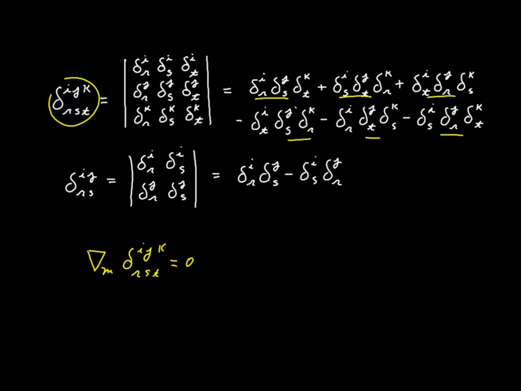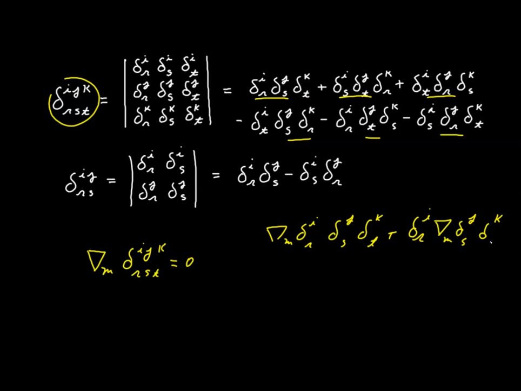And for each term, we'll use the product rule. So we would have the covariant derivative of delta i r times delta js delta kt plus delta i r times covariant derivative of delta js, etc., etc.